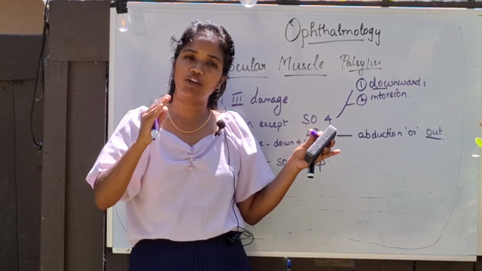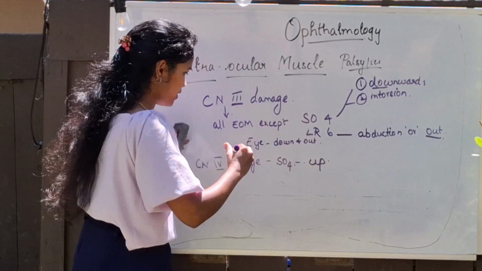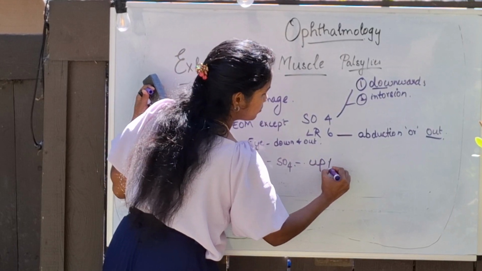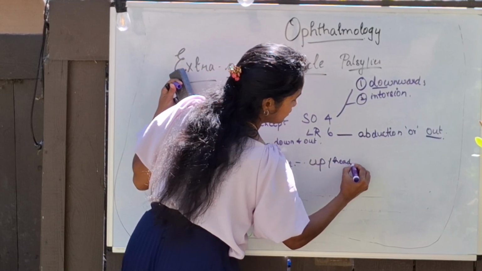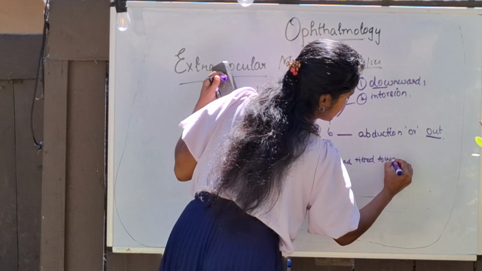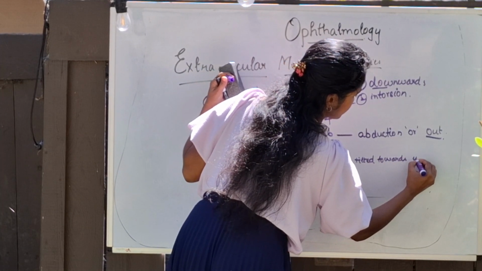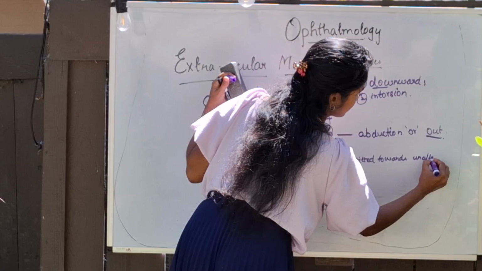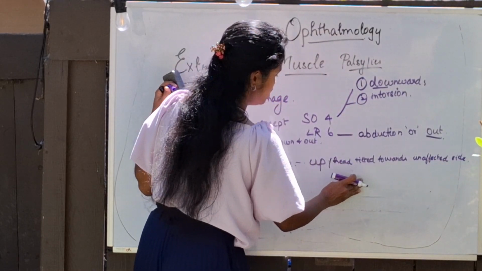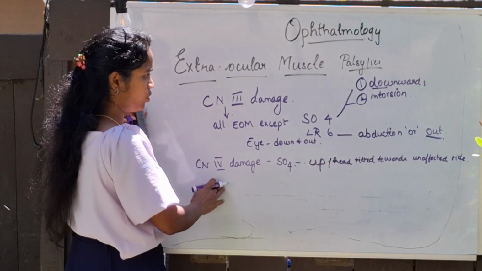So, there will be head tilting towards the unaffected side. When there is cranial nerve 4 damage, the eyeball will be looking up and the head tilted towards the unaffected side. So, this happens in cranial nerve 4 damage.